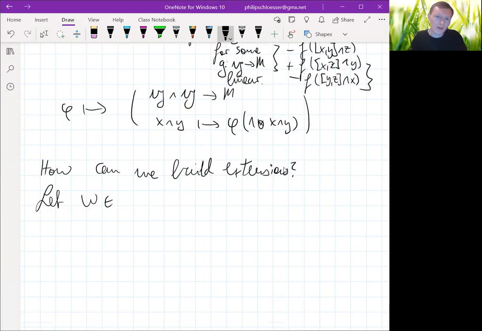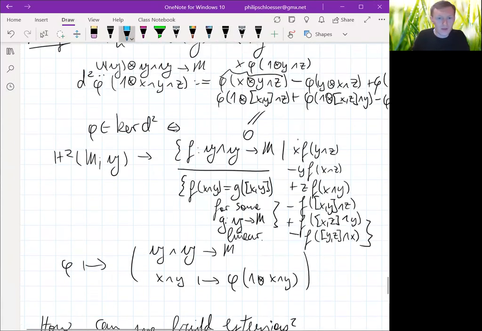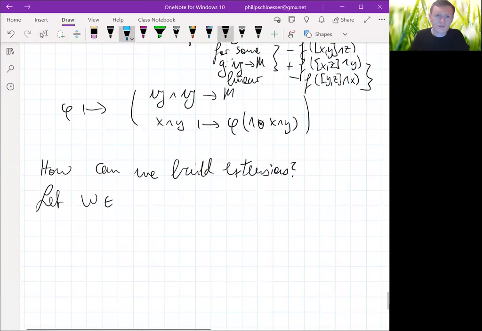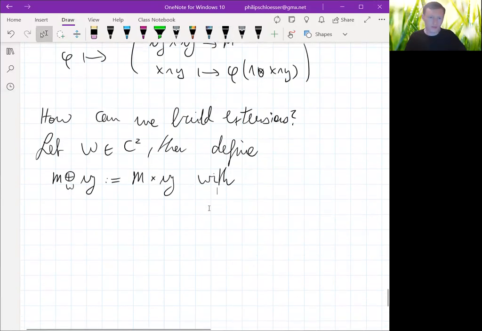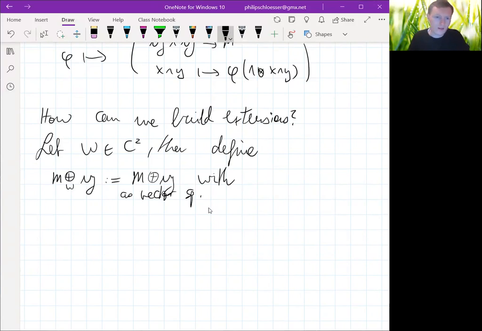So let omega be, and again, we're going to call this thing here C2 and this thing B2. And then we will define the direct sum of M and G to be, on the level of sets, just the Cartesian product. And I guess this thing as vector spaces with a special Lie bracket.